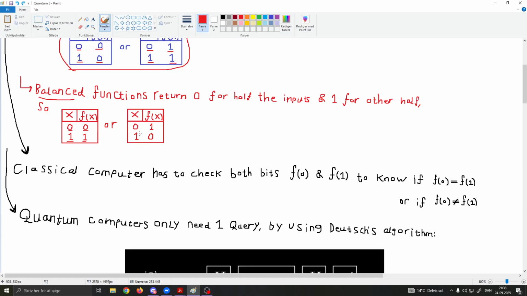But then of course there's the other version, which is just flipped. So it returns a 1 for an input of 0, and it returns 0 for an input of 1. This scenario right here is what we would call balanced.